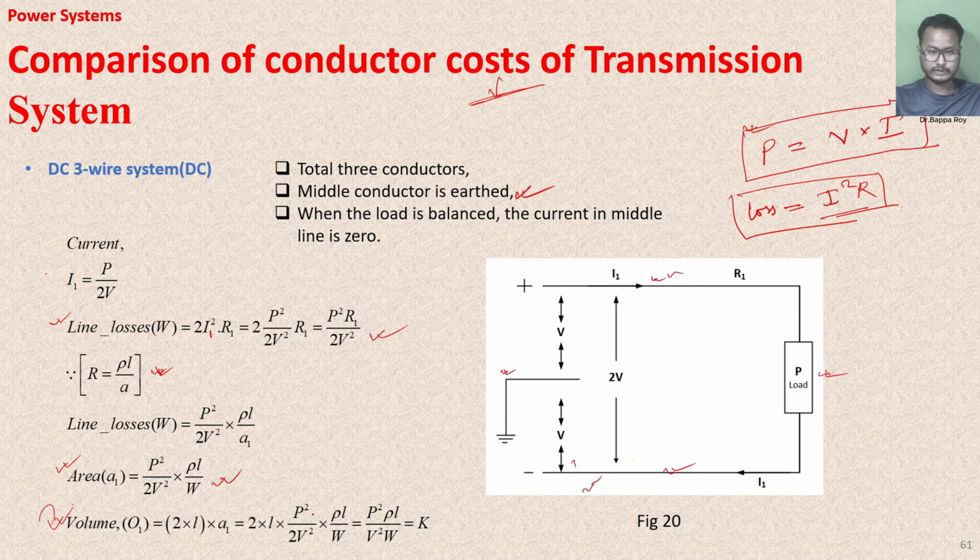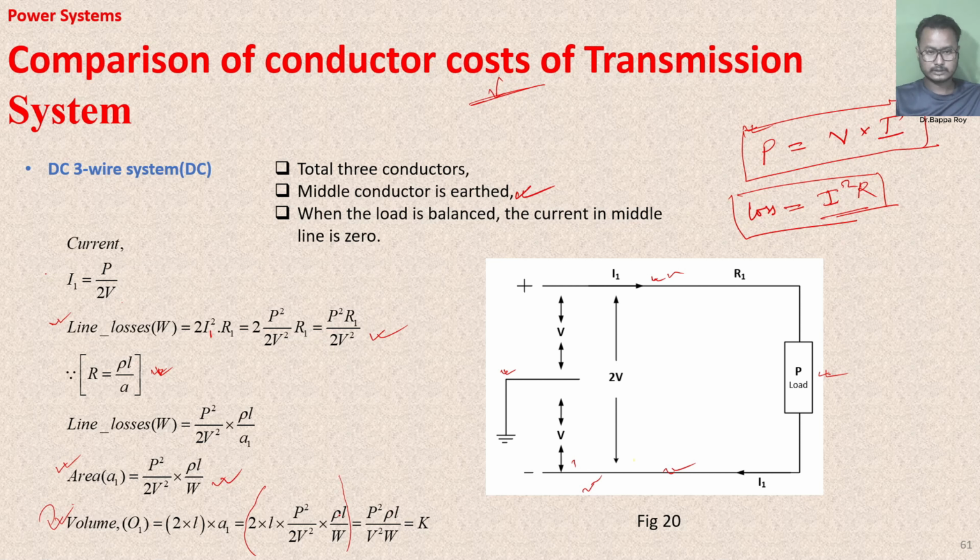We are just putting the value of A1 here. This is 2 into L into P square by 2V square into rho L by W. And this total part, okay, the 2 we can cancel out.